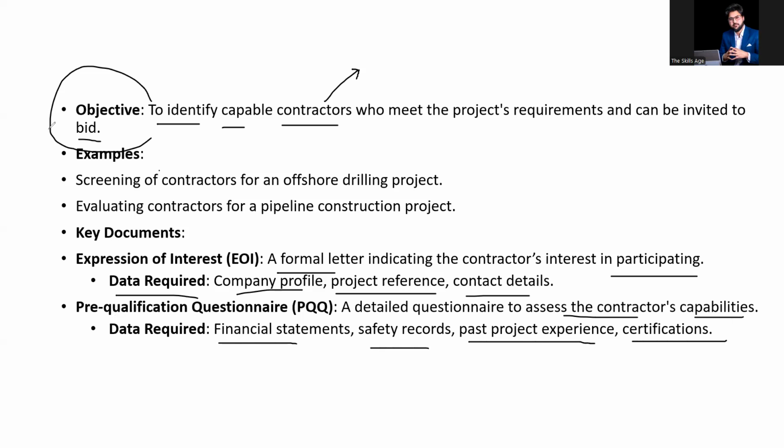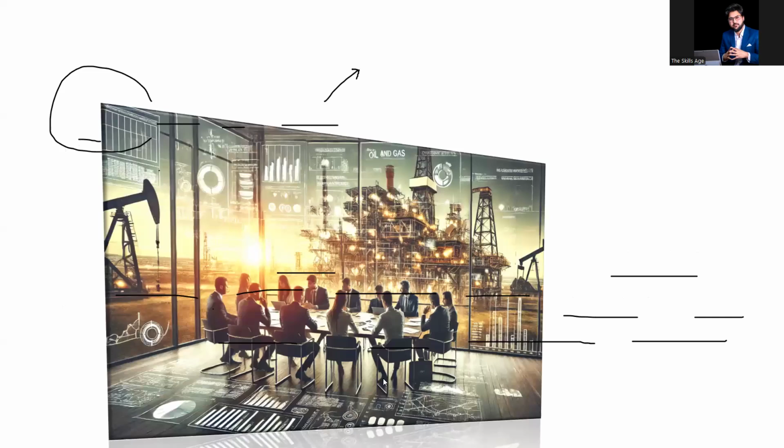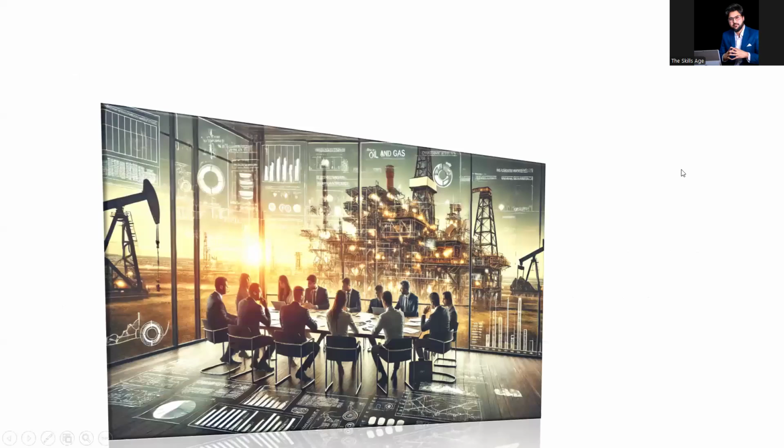This can help us understand that this is the best organization. So that's our first stage, in which we make things easier for you: a screening of the contractors. So the second stage is invitation to tender.